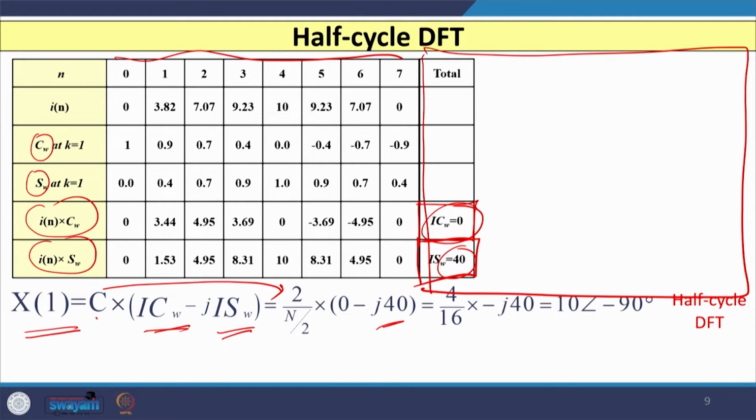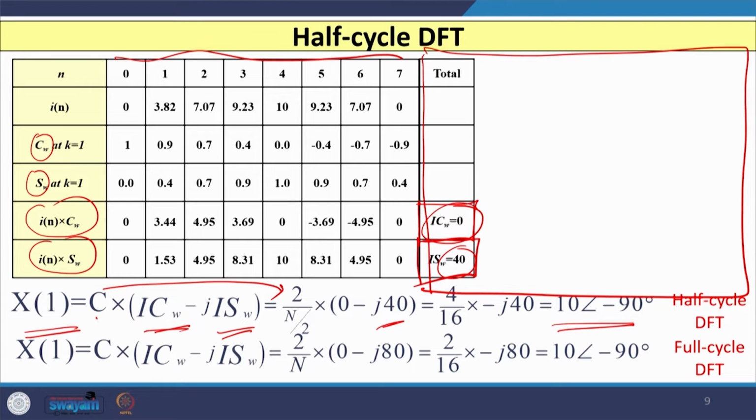If you solve this, you again get 10 angle minus 90 degree, and using full cycle DFT we also obtained the same value, 10 angle minus 90 degree.